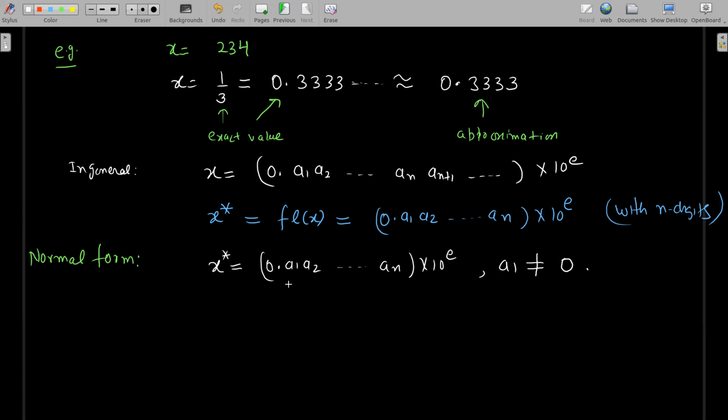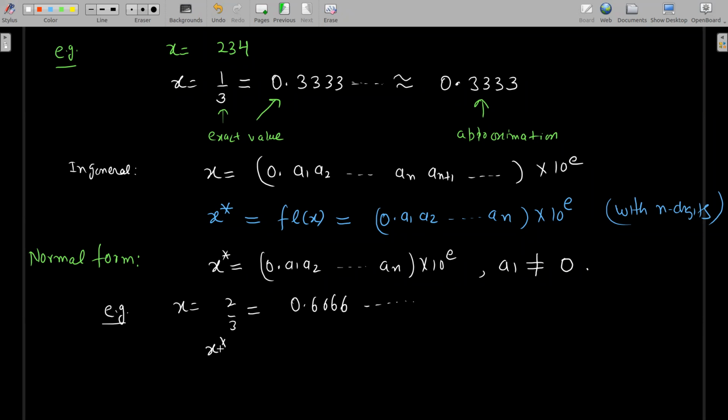Okay. For example, you have a number, let's say 2 by 3. So what will be the value in decimal form? 0.666. Okay, so 2 by 3, exact value, 0.6666.